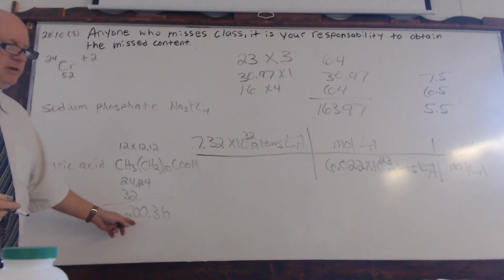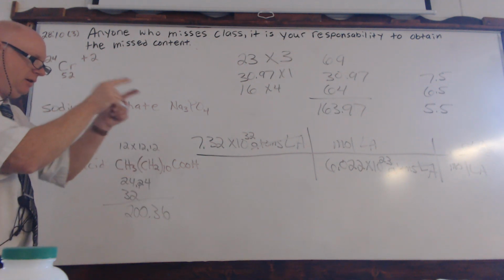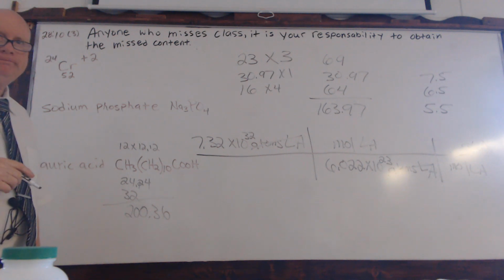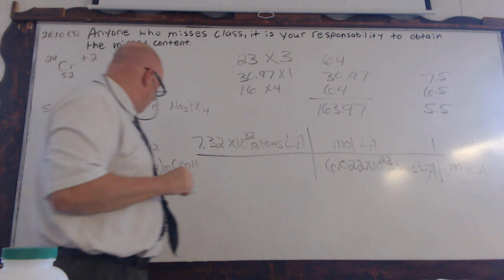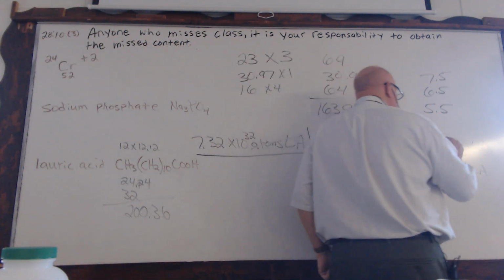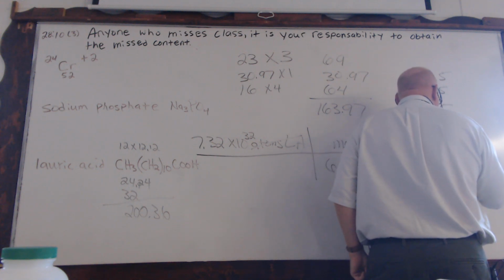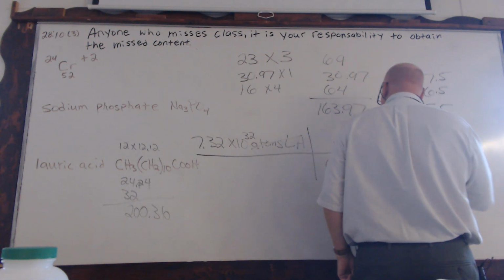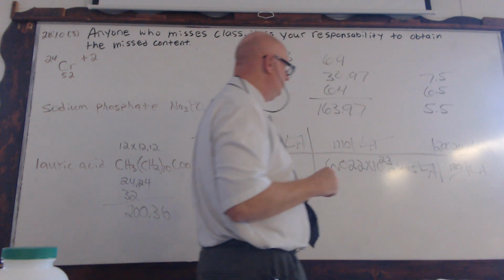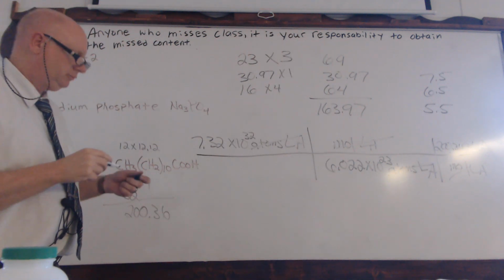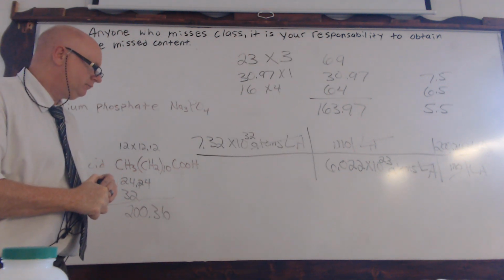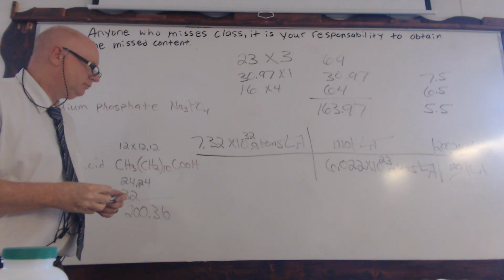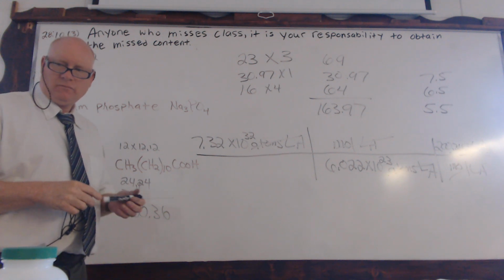So this number goes where in this problem? 200.36. What makes this a 3-step problem? Why did we get the molar mass of lauric acid the first time for class? Oh my gosh! Oh, okay. It's like, yeah, you have to find that.